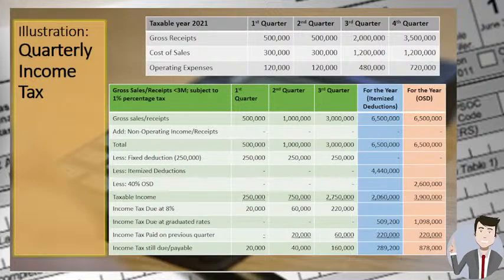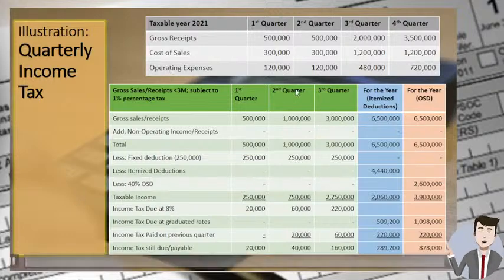Okay? So for the computation, what I chose to present, guys, is the most complicated case. That's why in the first three quarters our taxpayer is subject to 8%. Okay, let's compute one by one. Let's review first the formula, which is copied from our previous slides.